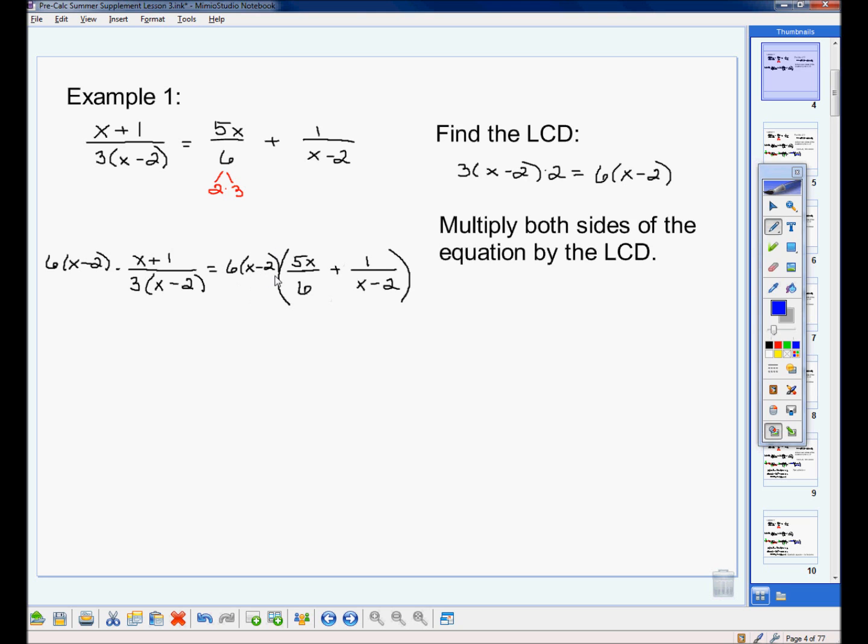You're going to have to make sure that you distribute. If you do not distribute, you're going to find yourself canceling out where you shouldn't be canceling out and losing pieces of your work.